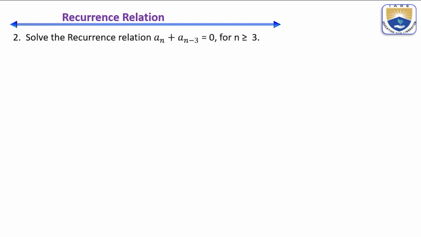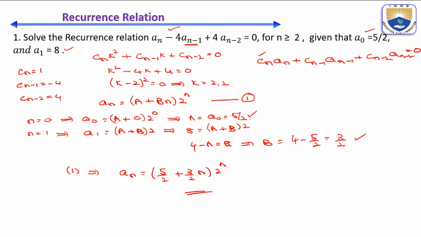Now, another one is to solve the recurrence relation. This is nothing but the third order recurrence relation, because here C_n is equal to 1 and C_(n-1) is 0 and C_(n-2) is 0, C_(n-3) is 1. Now, the auxiliary equation we have to consider like the previous one.